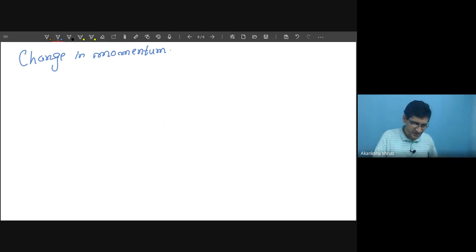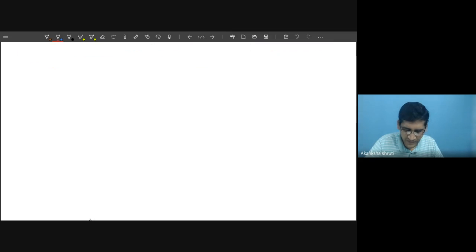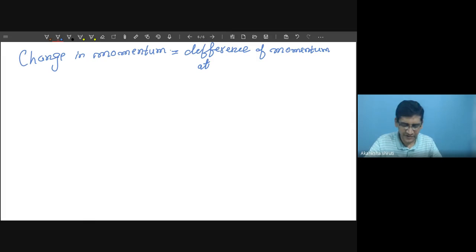Students, change in momentum is nothing but the difference of momentum at different times, or maybe at a different speed.